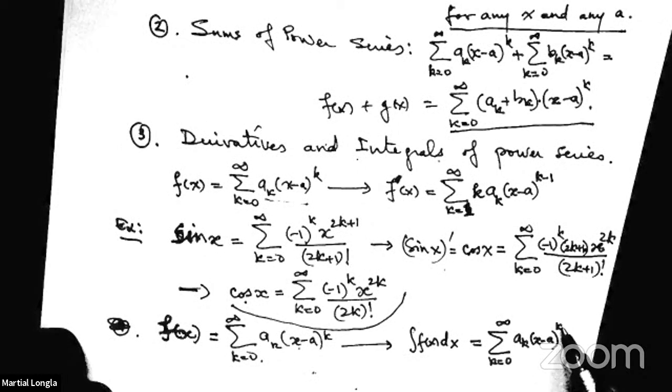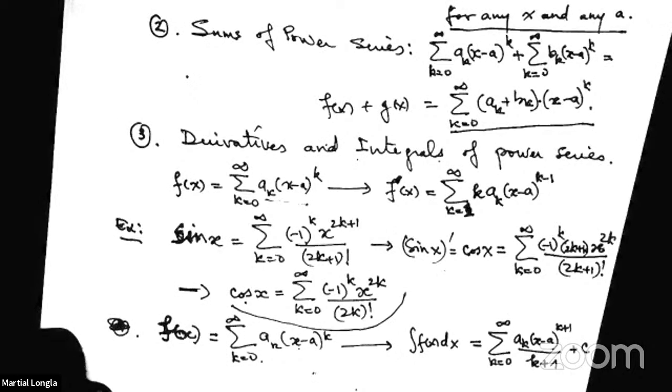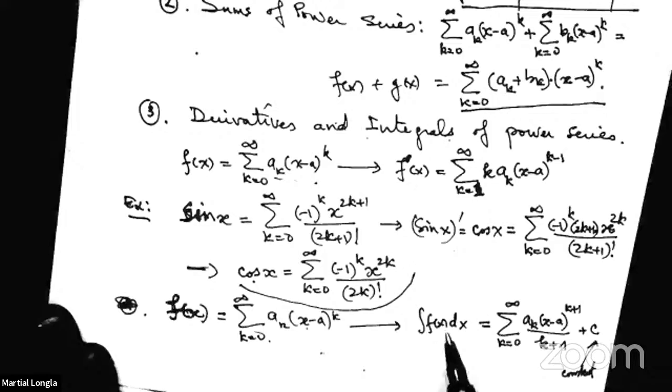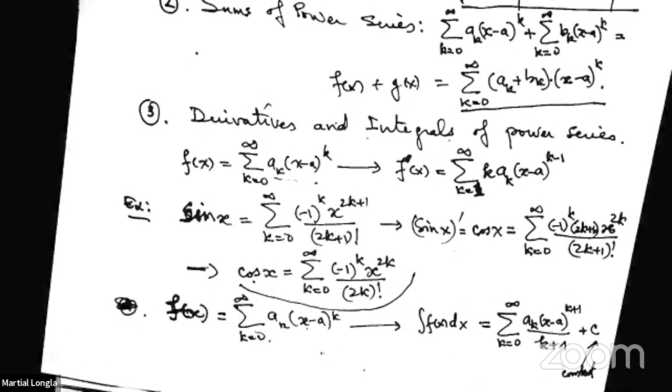That becomes x minus a to the power k plus 1 over k plus 1, and then the constant of integration. And that's how you would find the power series of the integral. And then as you did in Calc 1, 2, if I know a specific value of the integral, I use the values to find the constant of integration. Example.